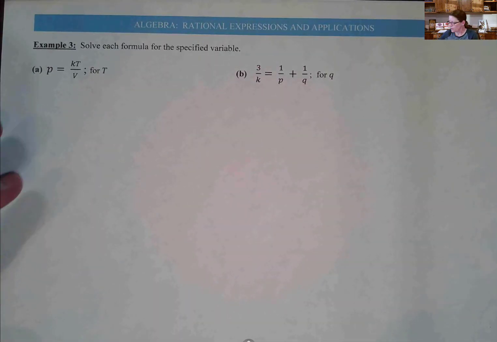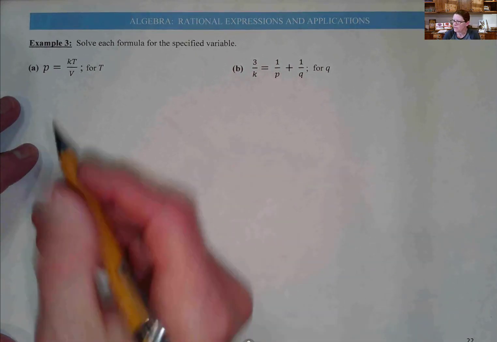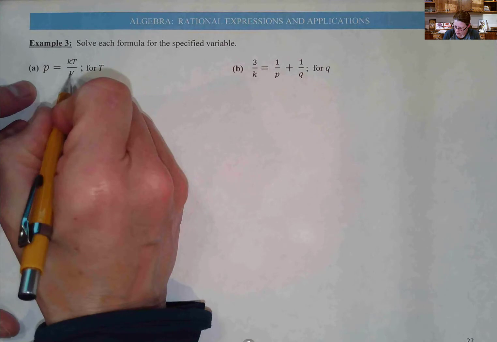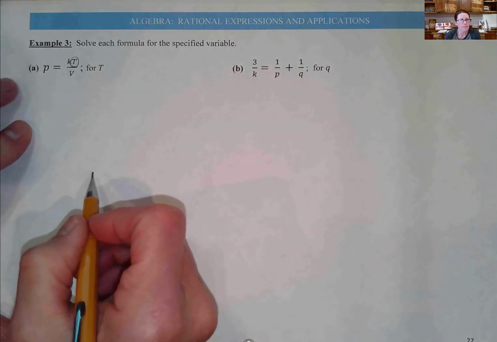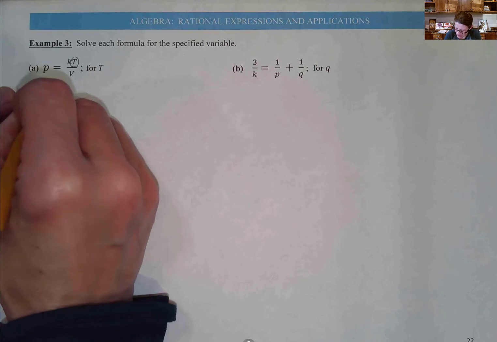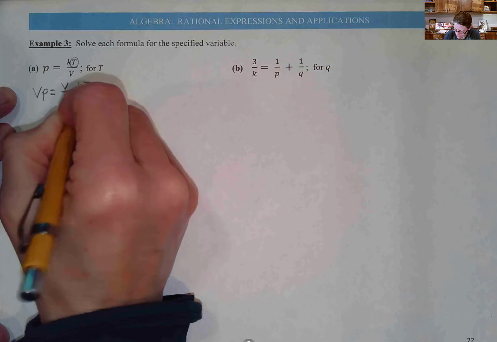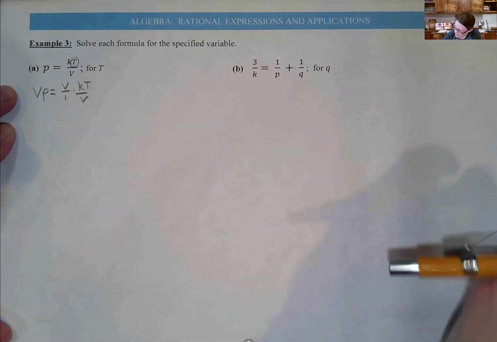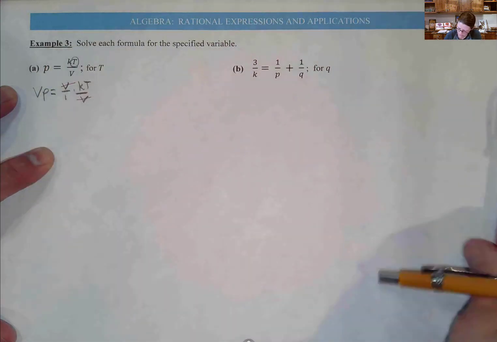Example 3, and then we're done. Solve each formula for the specified variable. All right, here we're solving for t, so let's multiply each side by v, the denominator, so that we can divide that denominator.